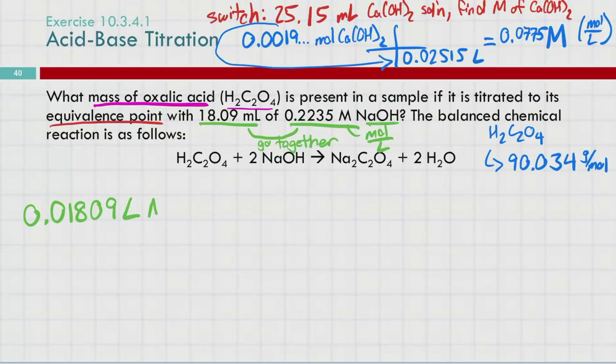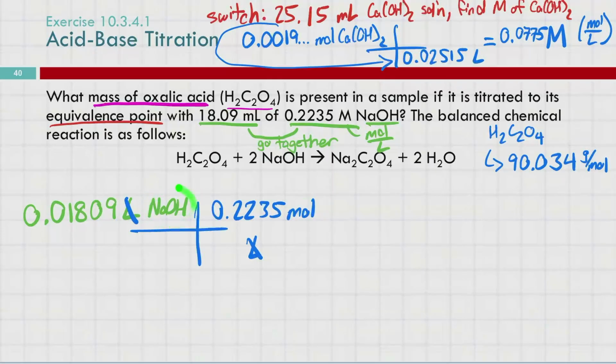So we've got that many liters of sodium hydroxide. If we multiply that by our molarity, 0.2235 moles per liter, then we get moles of sodium hydroxide left over. That's our units that remain. And we know that our sodium hydroxide reacts with our oxalic acid, and we've got that ratio in our balanced chemical equation.